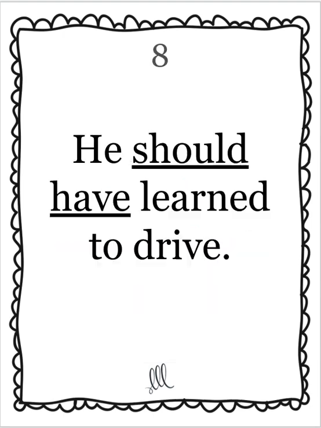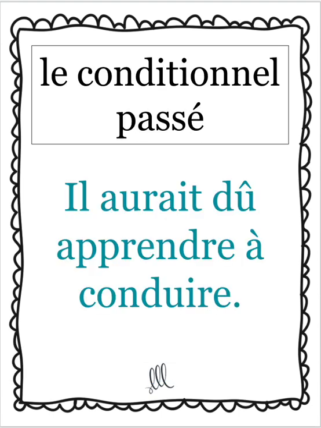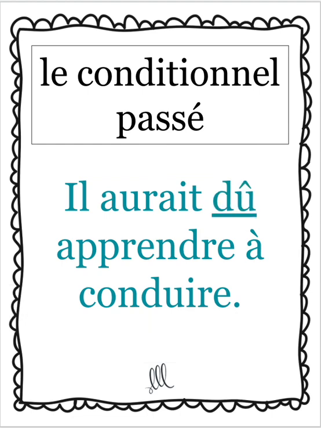So I told you not to overthink this learned, because that's a past participle in English, but in French it's not. It's just the infinitive, apprendre. Pourquoi? Well, look, you already have a past participle. This is the past participle of the verb devoir. Oui? And now that we're in the past conditional, we're not saying il devrait.